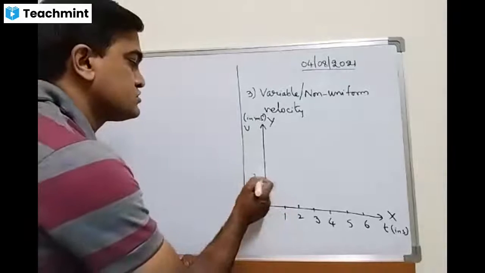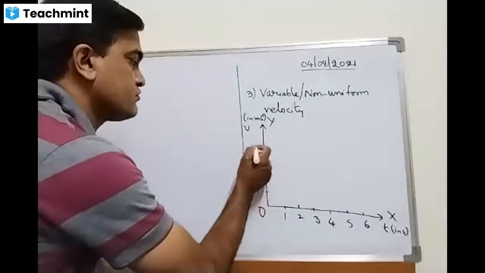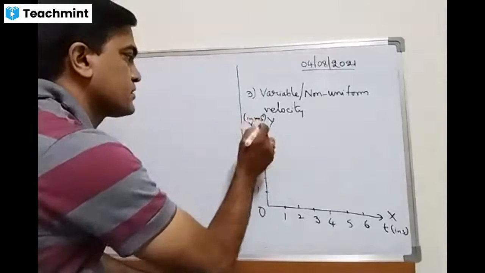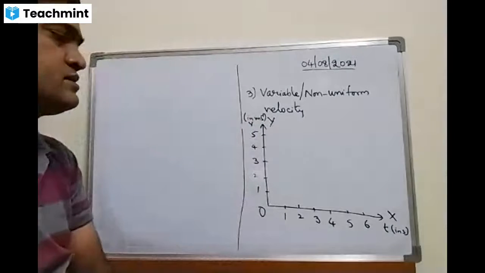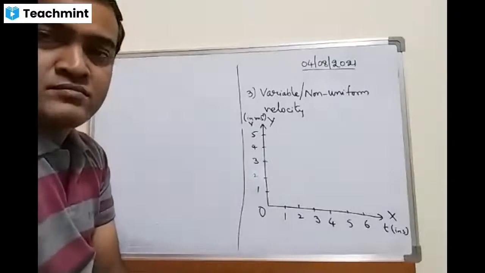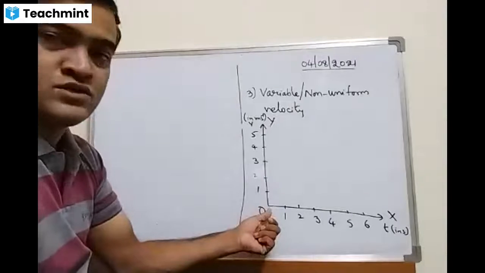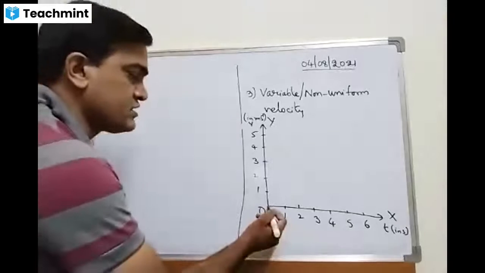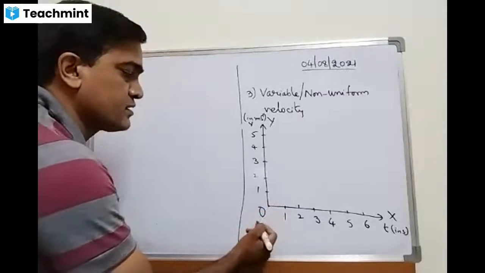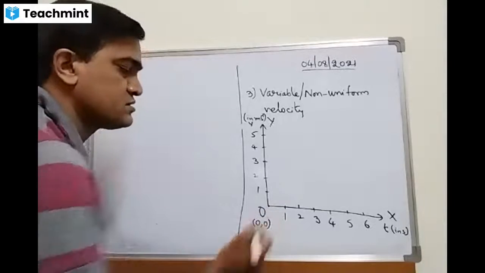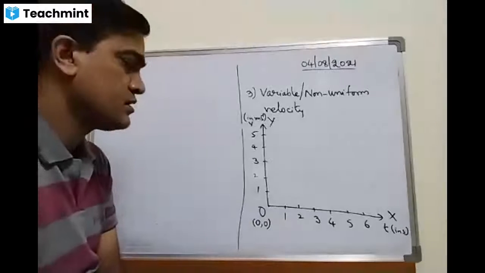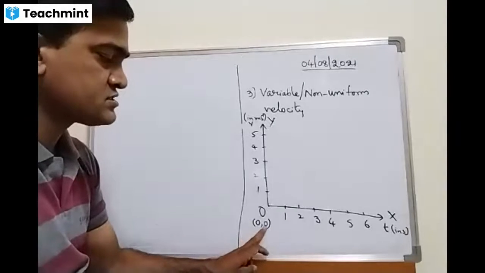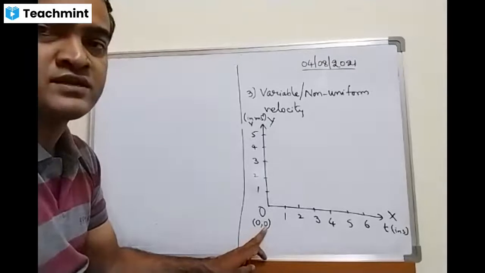So 1, 2, 3, 4, 5, like this. Now of course, at 0 seconds, if velocity is 0, then I will get the point here, because coordinates of origin are 0, 0. If for time t is equal to 0 seconds, a velocity of that particle is also 0.